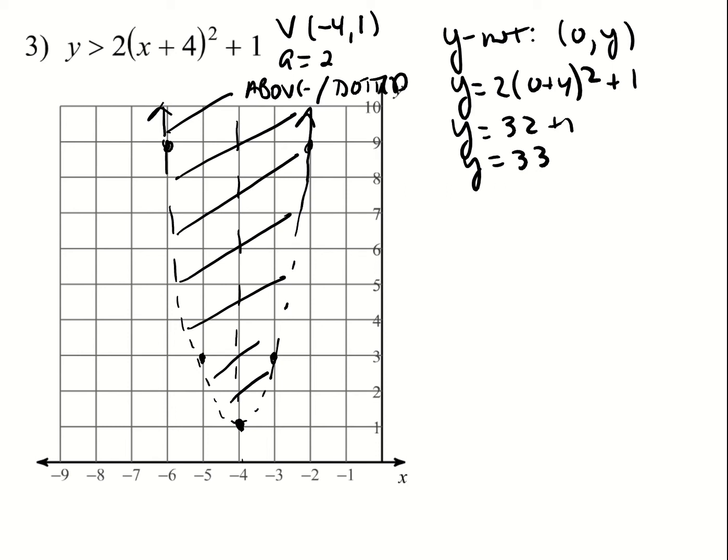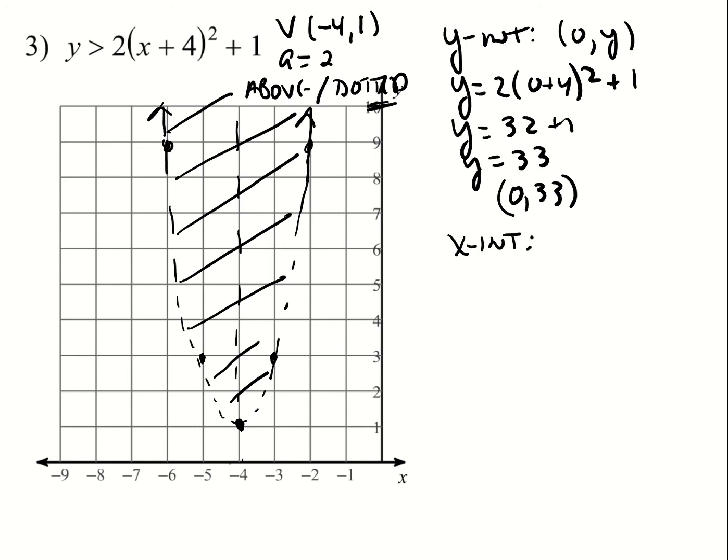So my y-intercept is at 0, 33, which is not appropriate to graph on this graph. Sometimes we can do it quickly, but obviously at 33, and this graph is at 10, that's way up there.